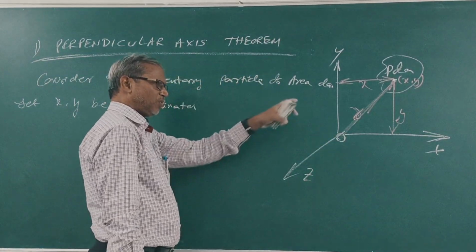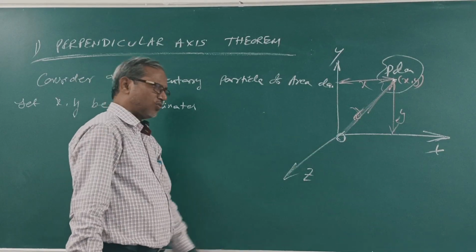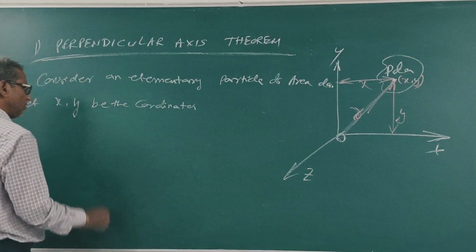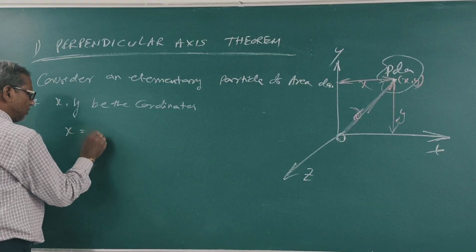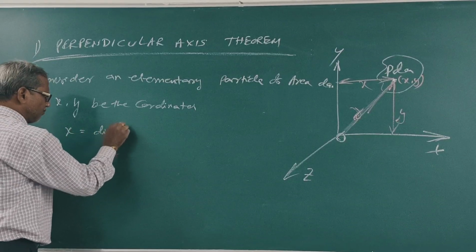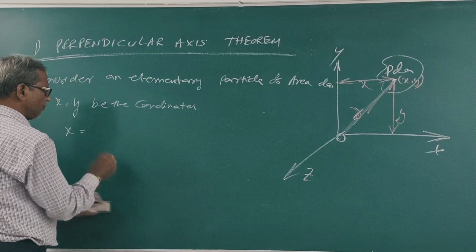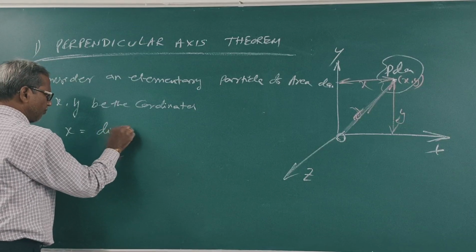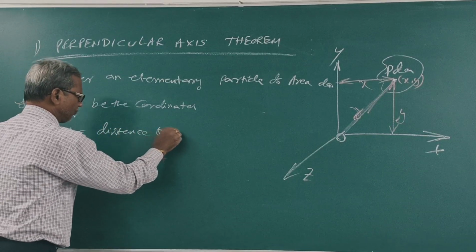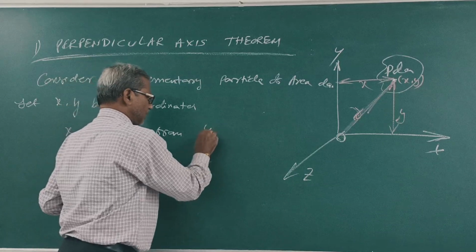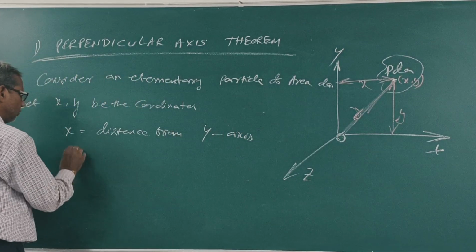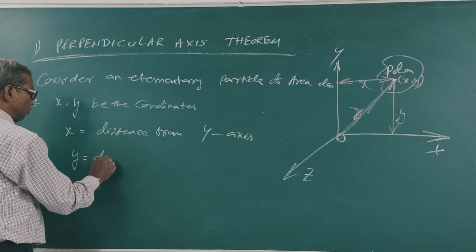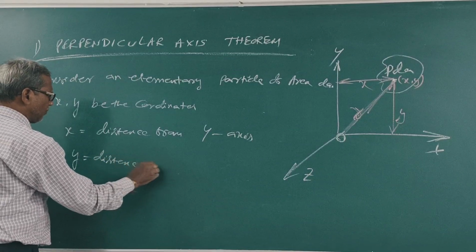R is equal to the distance from origin O. What is x? Distance from the y-axis. What is y equal to? Distance from the x-axis.